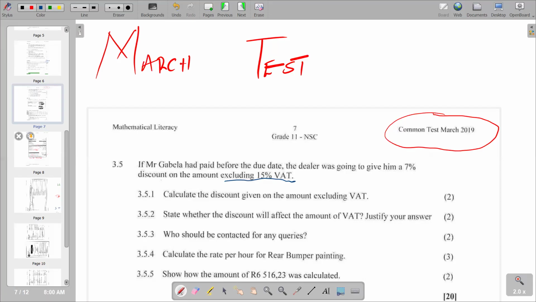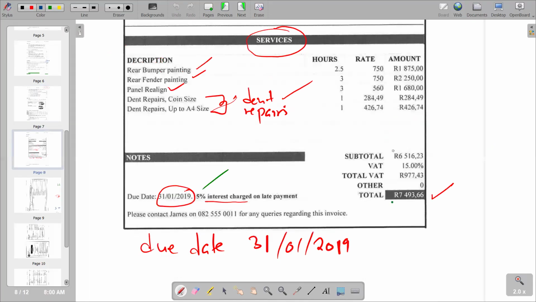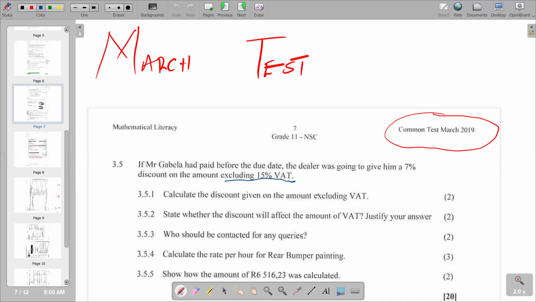So you go to our invoice, you see that the amount that is excluding is the amount without VAT. So it's going to be this one, 6,516.23. And then our question is calculate the discount given on the amount excluding VAT. So the discount is 7%.